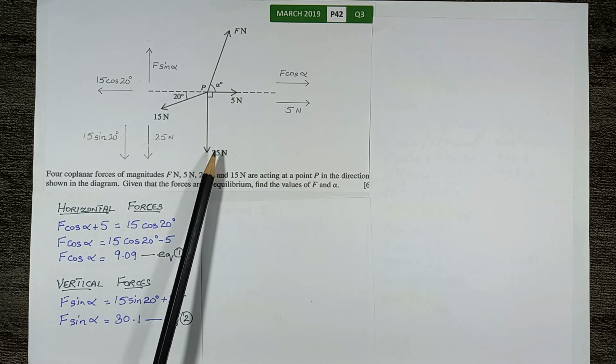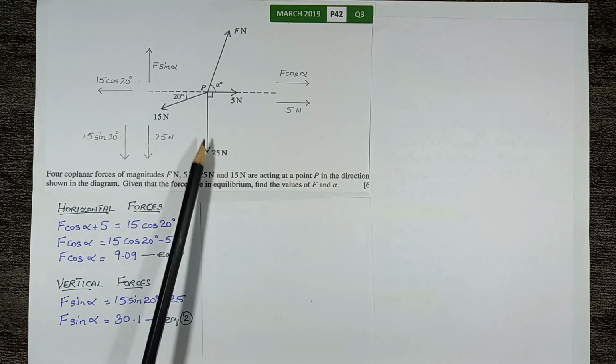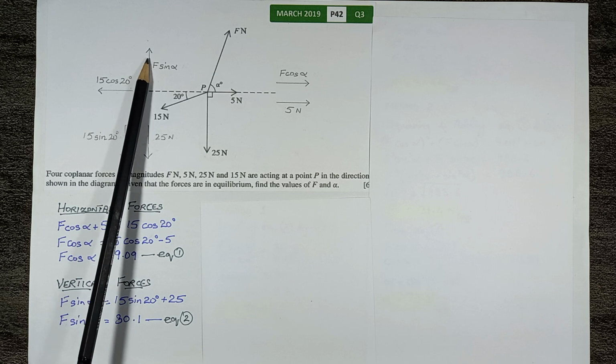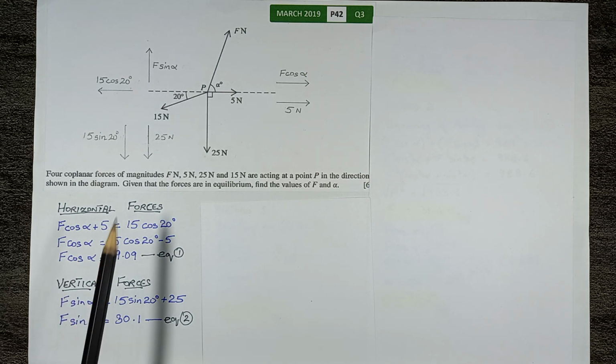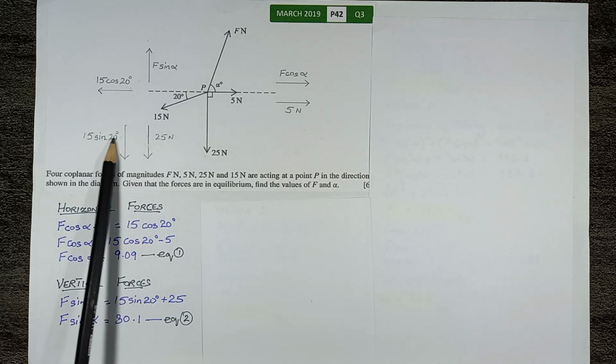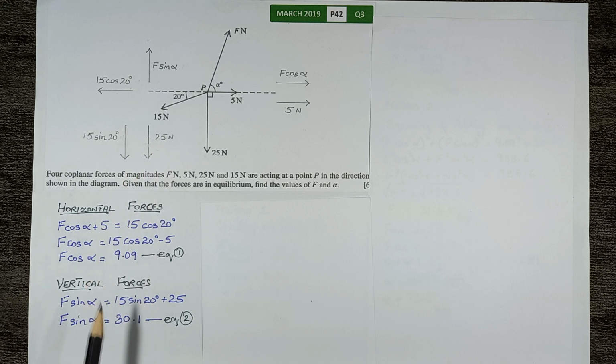And this 25 Newton is purely a vertical component acting downward, so when we consider the vertical component, we have F sine alpha equal to the sum of these two, which is 15 sine 20 plus 25. After simplifying this, we have a condition, and we have written it as equation 2.